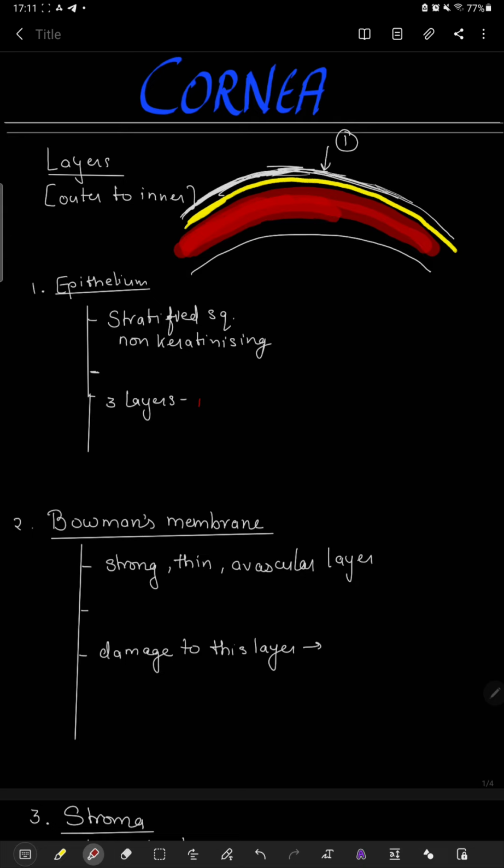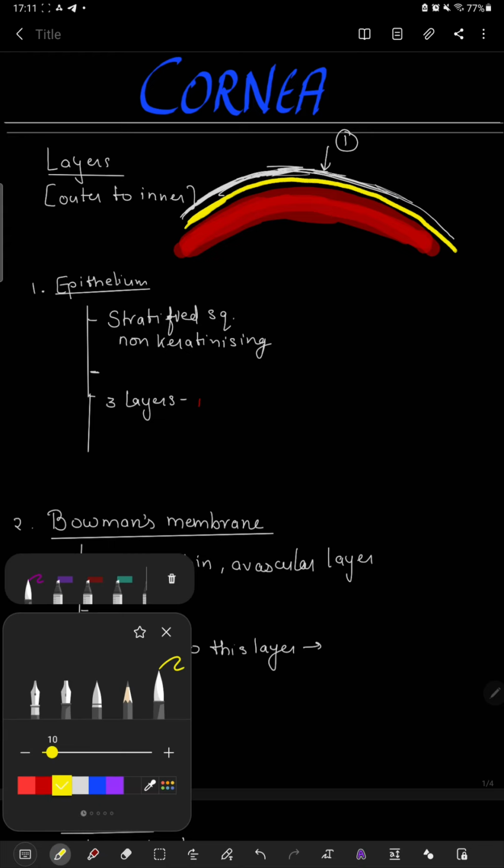It covers almost 90% of the cornea. Then after stroma, which layer comes? It is the new layer, which we can also call Dua's layer or pre-Descemet's layer.